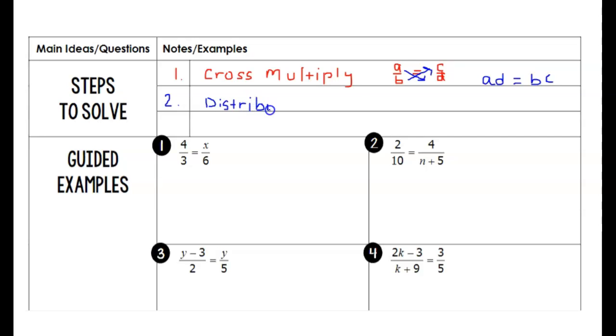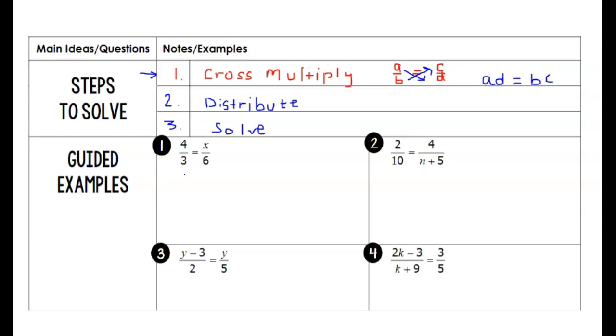You always will look to see if you can simplify by combining like terms, of course, and then you would solve. So the big key for us is to remember the golden rule in red, which is this first step. When I see a proportion or two fractions set equal to each other, I am going to cross multiply.